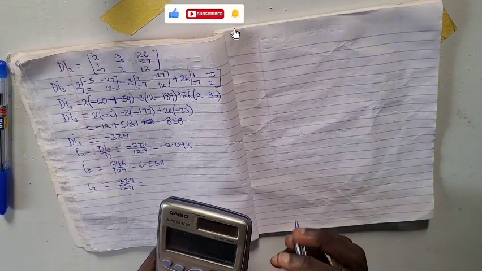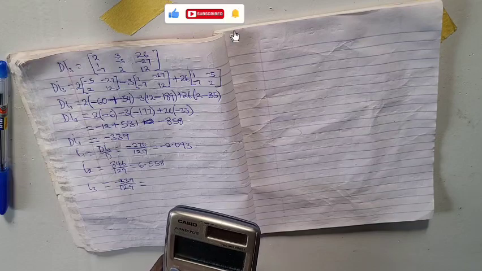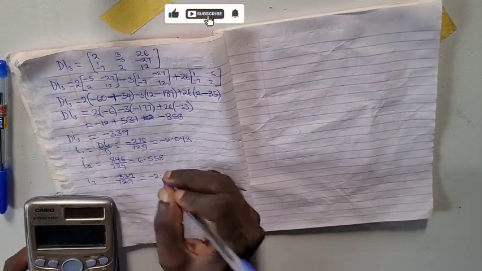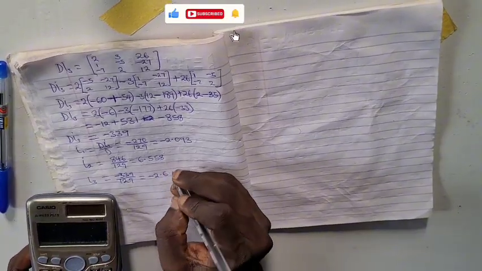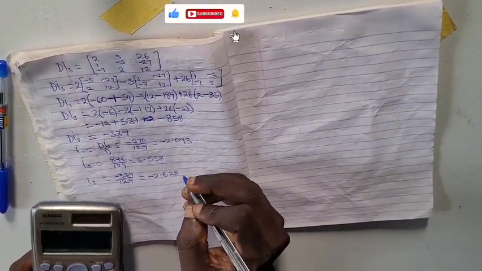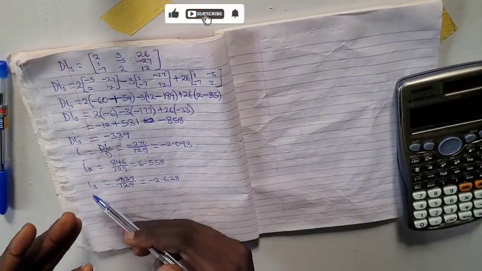So this gives us minus 2.628. Okay. Now we have gotten our I1, I2, I3.